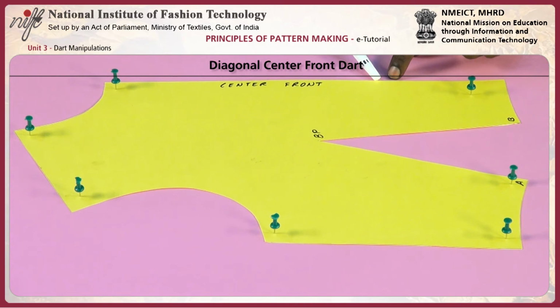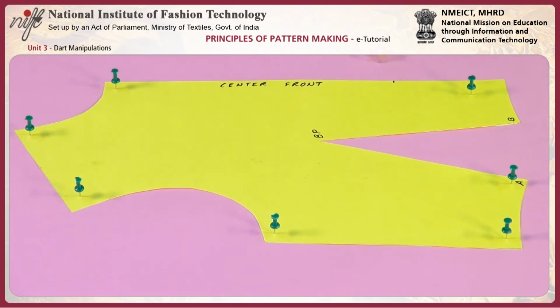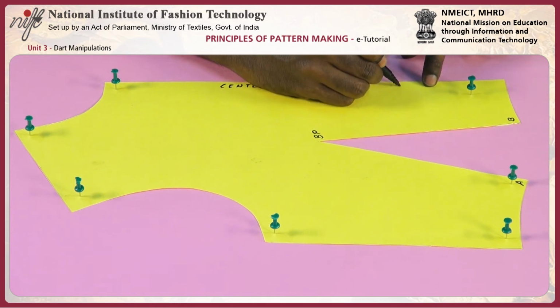Decide where you want the center front dot and mark C. I want it diagonally from the bottom, so I am marking 4 inches from the waistline and I am marking C.